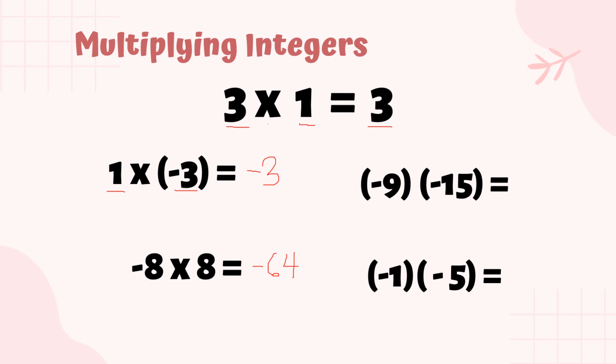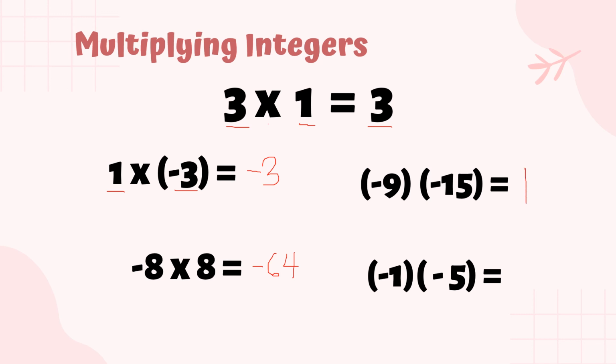Another one, negative 9 times negative 15. So notice that they are both negative. So if we have integers with the same sign, if they are both positive or both negative, the result is always positive. So if they are both negative, the result, negative times negative, is positive.